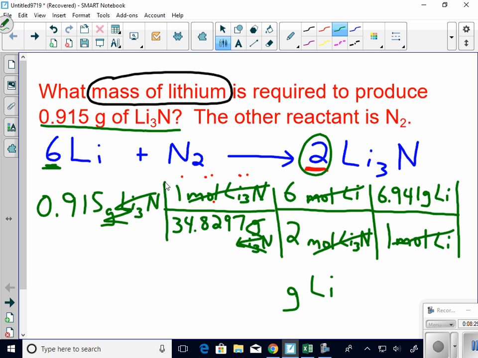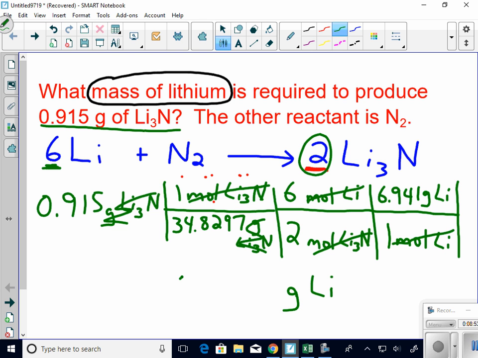And I come up with a value, and I guess I should just get my answer sheet out to double check. I come up with a value. How many sig figs? 3 sig figs.